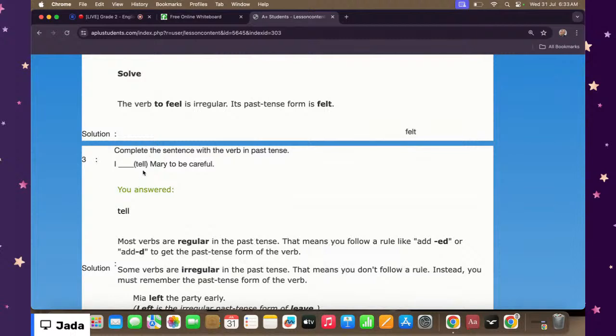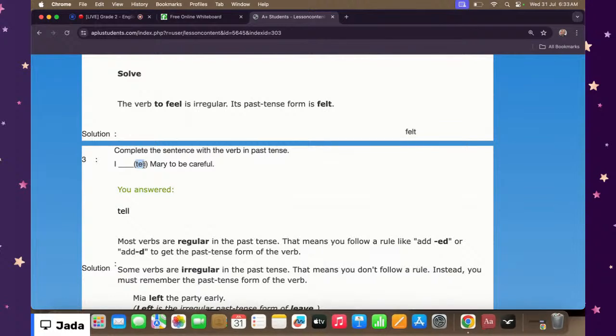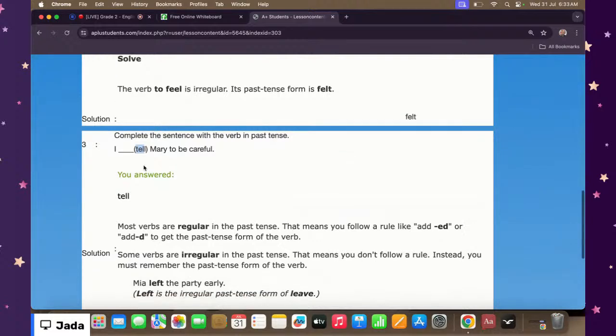I dash tell Mary to be careful. Now tell is in the present and you have to figure out the past tense of tell, which is told. I told Mary to be careful. Okay? So that is the past tense of tell.